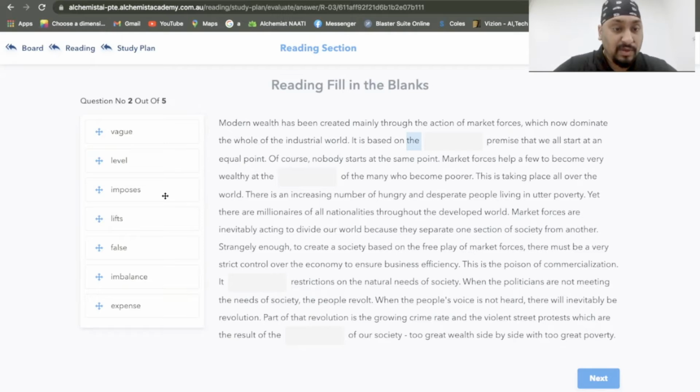So we've got over here false as an adjective. We've got over here vague as an adjective. We can, in this case, let's say if I don't know the meaning of the word vague, okay? At the false premise or at the vague premise, it doesn't sound naturally correct. So I'll just put false premise here.